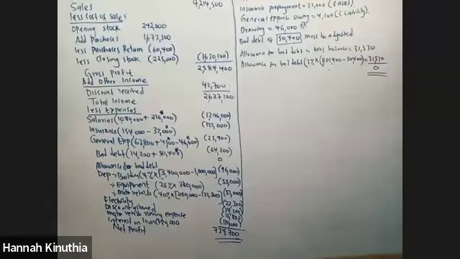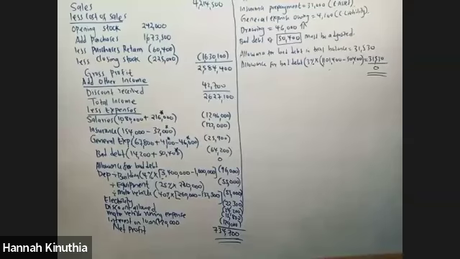I hope ni correct those amount nimeweka hapo. 22,300, 24,200, 15,800, 120, supposed to be 120,000.